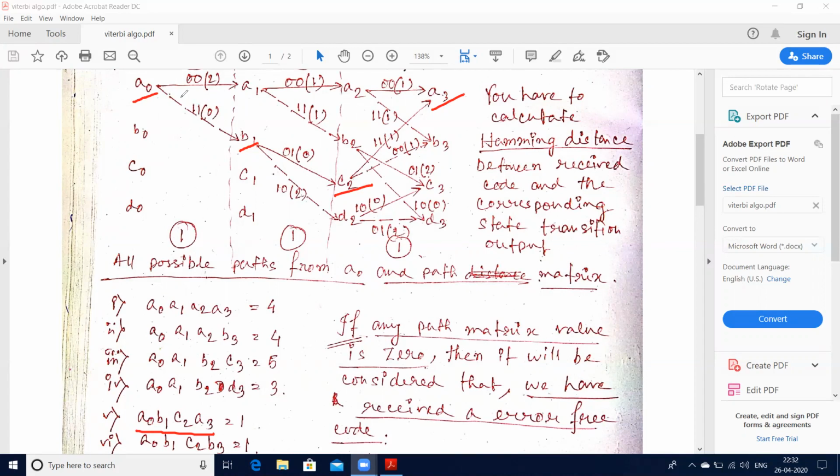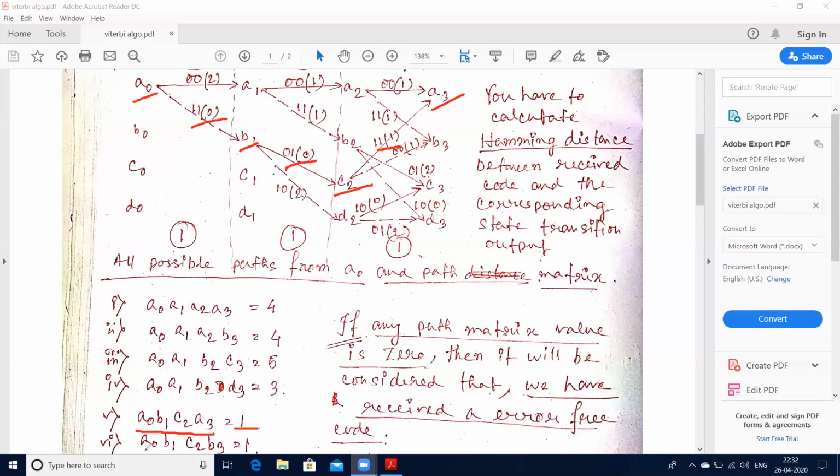From A0 to B1, the Hamming distance is 0. From B1 to C2, the Hamming distance is 0. And from C2 to A3, the Hamming distance is 1. This is written here, 1, 1, is the output. So when we add, this is 0, 0, and this is 1, so the path matrix is 1.